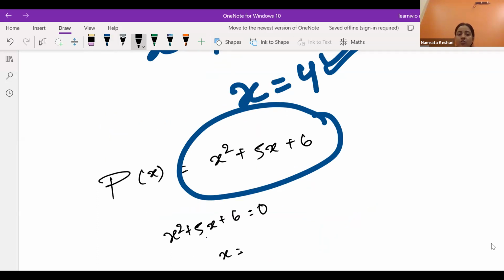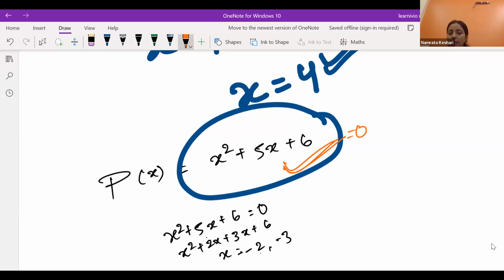So you will be having x square, you will be having 2x, you will be having 3x plus 6. You will be getting the x value as minus 2, minus 3. These two values are not just random values. If you want to check, please check it. Once you put this value in your polynomial it will become 0. Once you drop minus 2 here, definitely the complete simplification will give you 0. You can check it. That's the meaning of the 0. Clear?